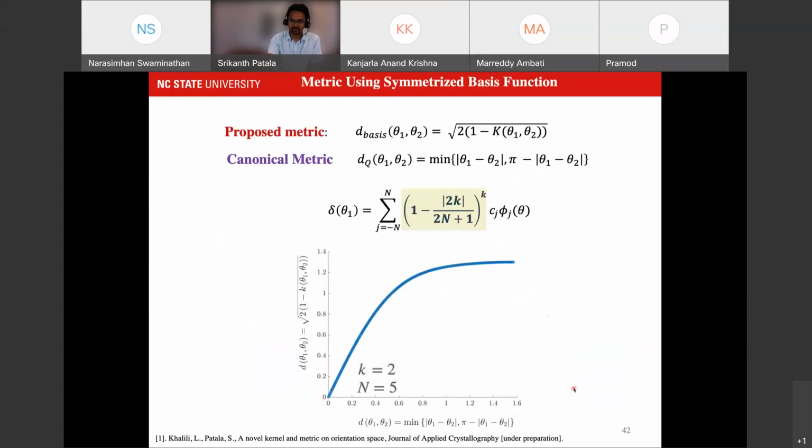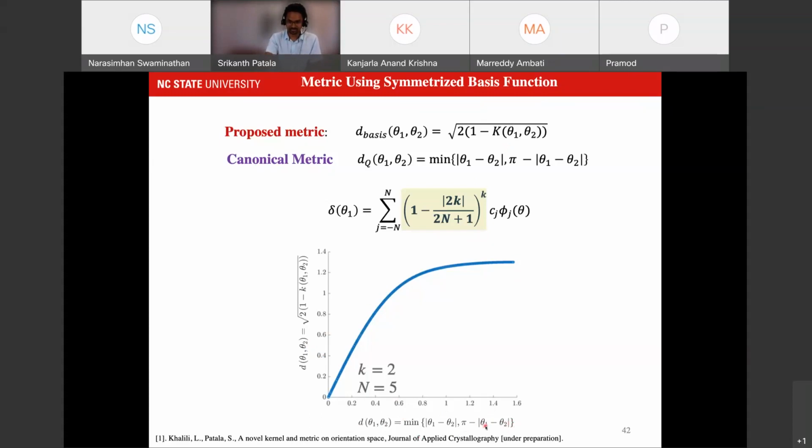Now, when we have a kernel, we can also define a metric. That's basically given by this function. This is one of the functions that you can use; there are many other functions as well. To show that my metric is working, or that my kernel actually makes sense, I can plot it against the metric that I initially defined for this twofold symmetry system.